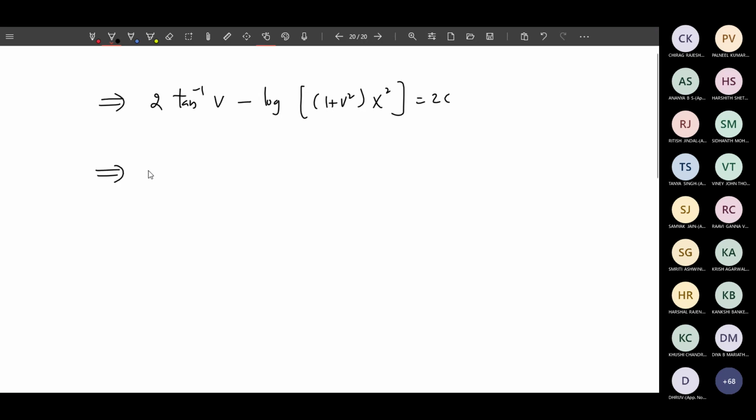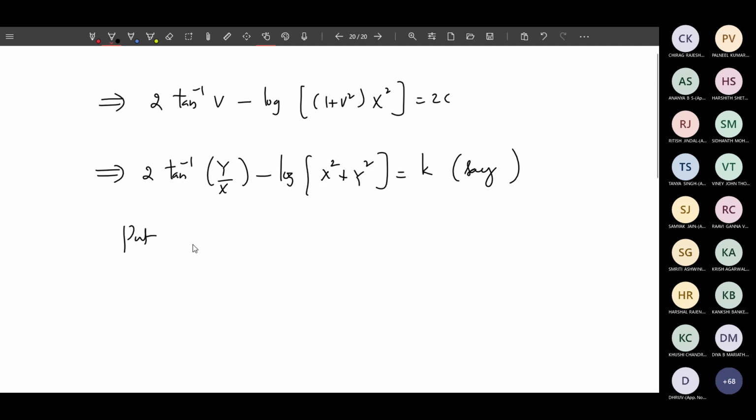So this means 2 times tan inverse y by x minus log of (1 plus v square) into x square, which is x square plus v square x square. That means v square x square is y square. So I can write directly x square plus y square equals 2c, I'll write as some k.